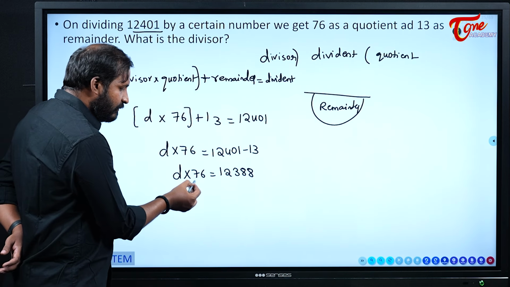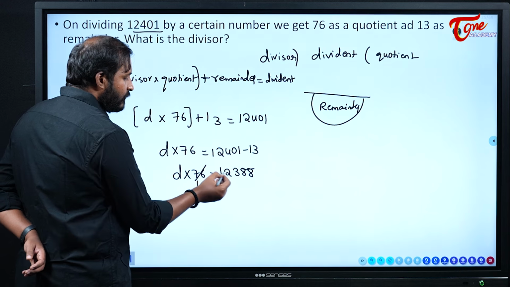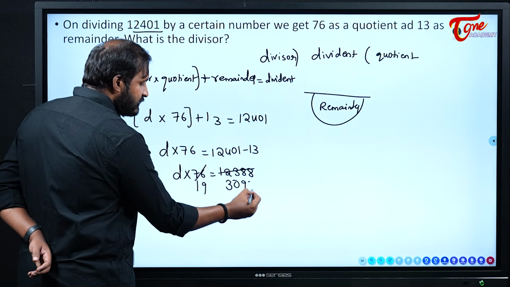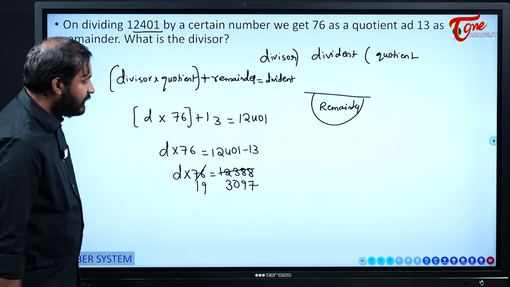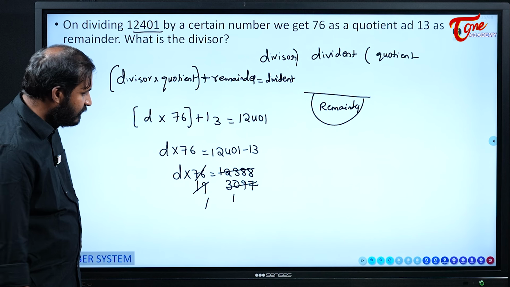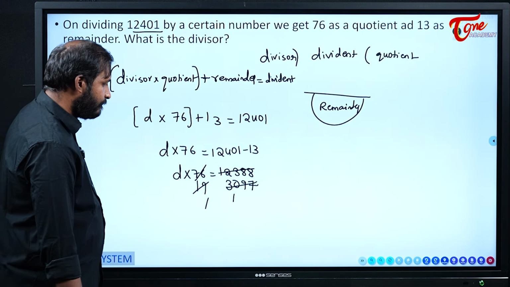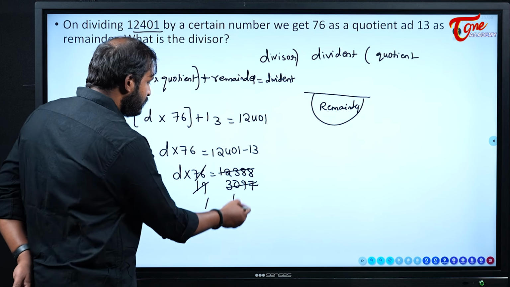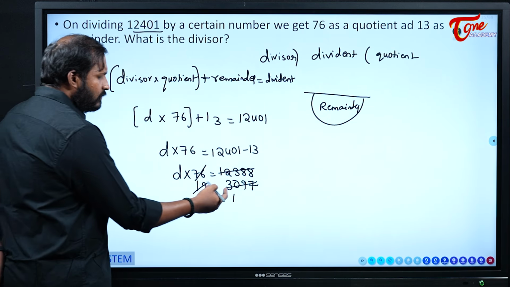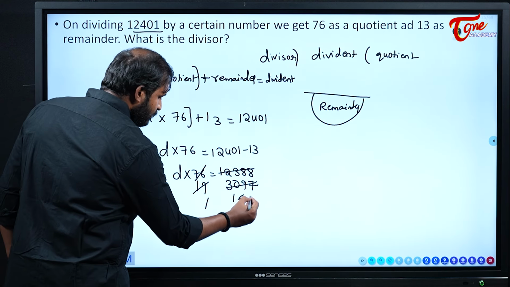I will go with the 19 table, or for example the 4 table. 4 19s are 76. Now 19 table: 19 ones are 19, and what will be left now? 119. 119 means 19 6s are 114, and then the next, 57, 163.